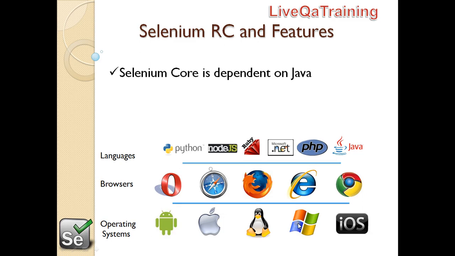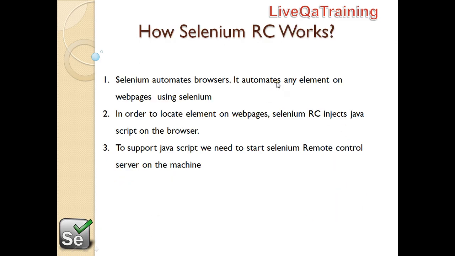Now, let us understand how RC works. RC stands for remote control. Selenium automates the browser. At the end of today's session, I'll tell you how exactly Selenium opens a Firefox browser, how it performs operations on the application, and how it enters values into web elements.